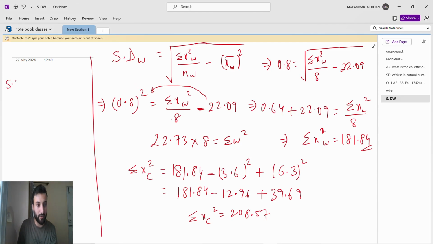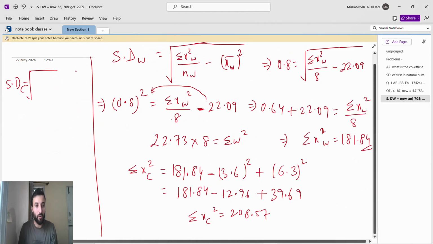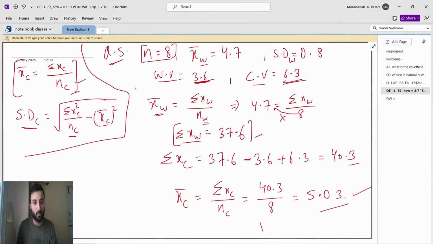So what we have to find? We'll find the correct standard deviation. We'll use this formula: correct summation of x square by correct number of observation, minus this. Correct summation of x square is 208.57 divided by correct n, which remains 8 only. We'll get 26.07 minus whole square of correct mean.